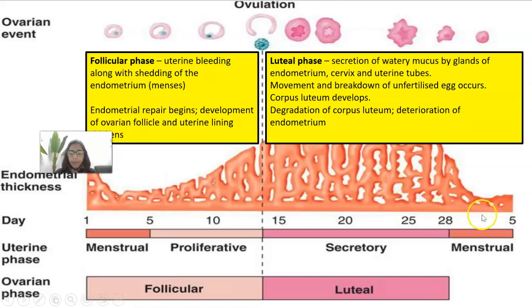Now, we are seeing the start of a new cycle here because if no pregnancy occurs, then the corpus luteum can no longer be maintained and it will degenerate to this little thing, which is the corpus albicans, which can no longer secrete those high levels of progesterone and estrogen, and hence we get deterioration of the endometrial lining, and thus starting a new cycle.